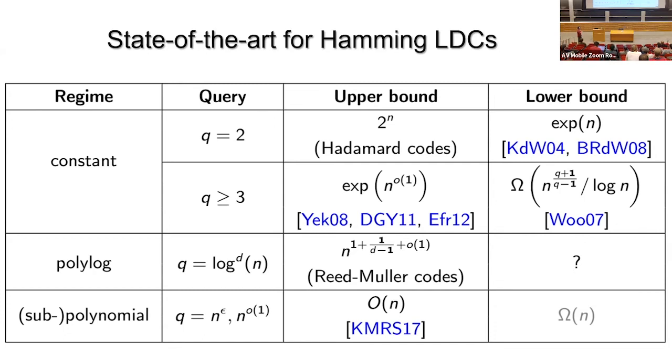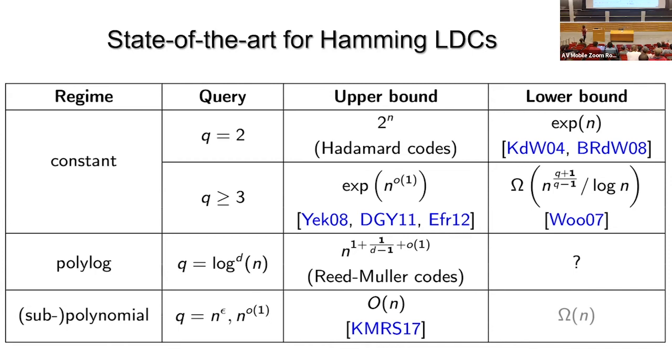So Hadamard is tight for two query Hamming codes. And for more than three queries, the lower bounds are pretty weak. There is a huge gap between the upper bounds that are slightly sub-exponential and the lower bounds that are almost linear. This is the biggest question in terms of locally decodable Hamming codes.